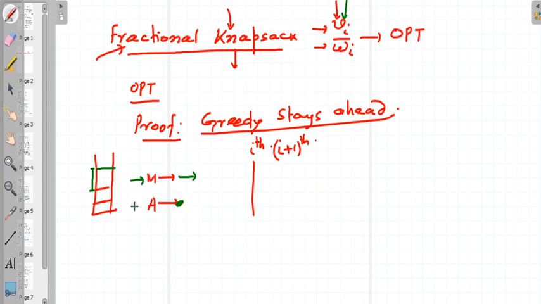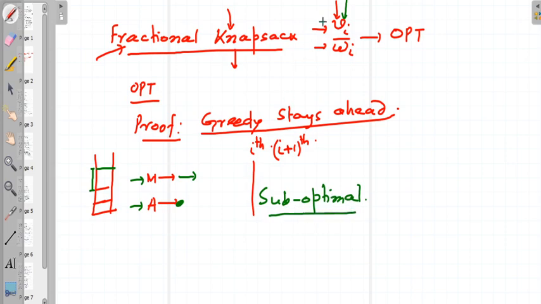Otherwise, if this algorithm is thinking any other way, then it will not be taking the next best available. It will be taking another one, so it cannot be the optimal one. It will be a suboptimal one. So the greedy construction that we are having is proving really good.